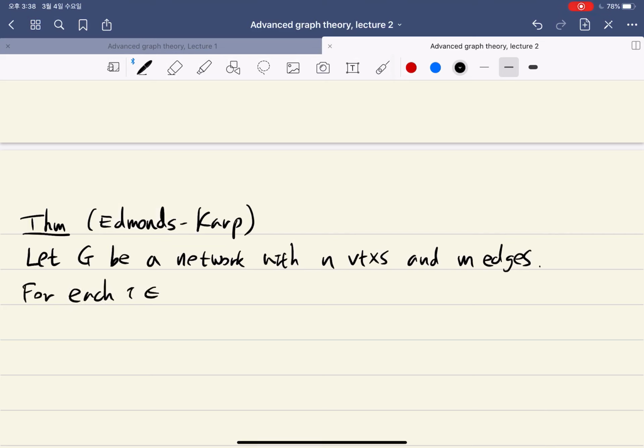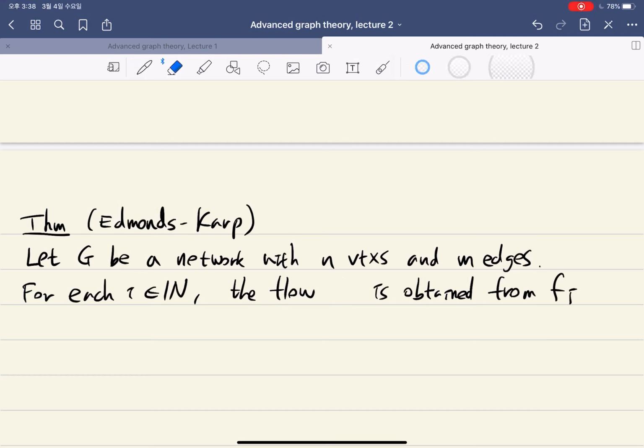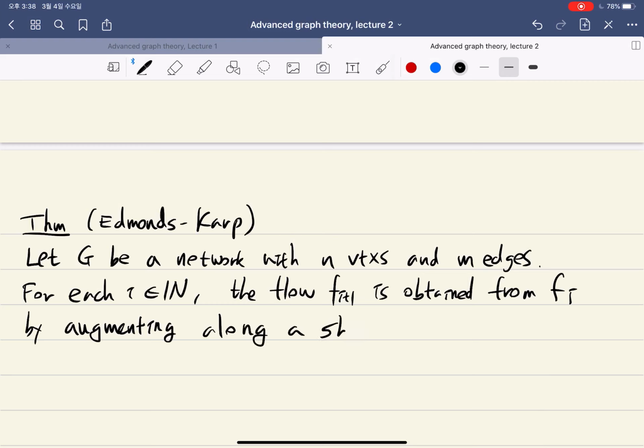For each i, we take the flow Fi, where Fi plus 1 is obtained from Fi by augmenting along a shortest augmenting path.